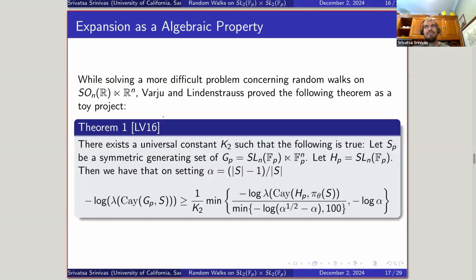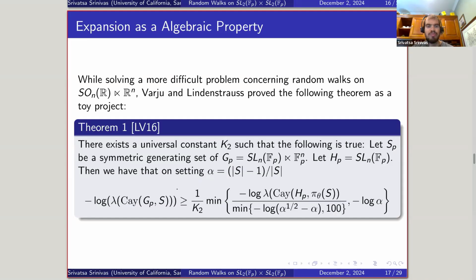So therefore, given our mantra that algebraic properties should translate to these random walk properties, Varjú and Lindenstrauss actually proved the following theorem as a toy project on a more difficult project.